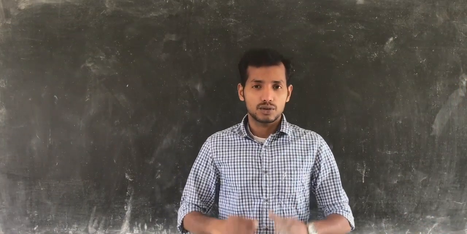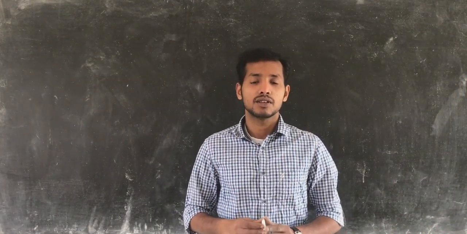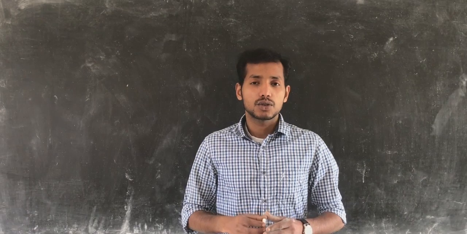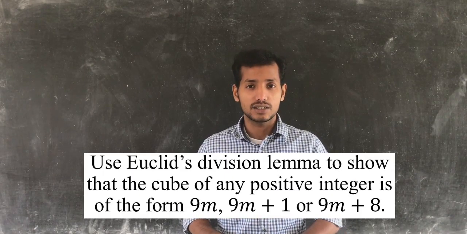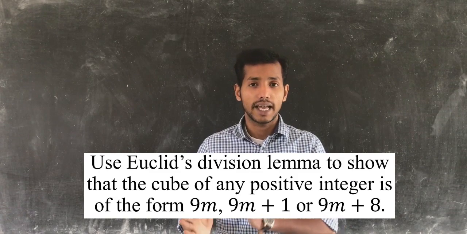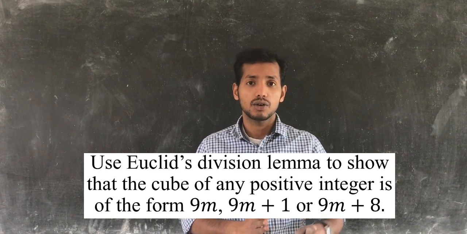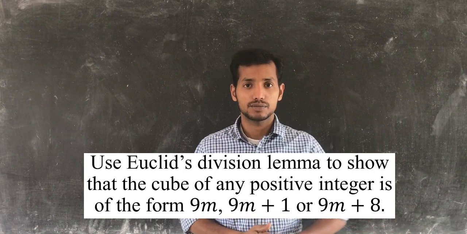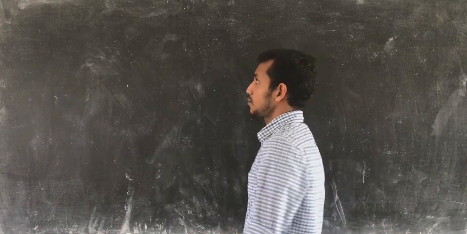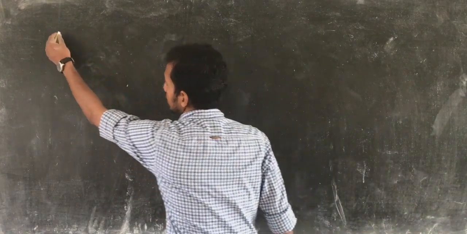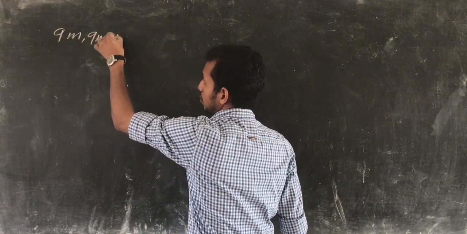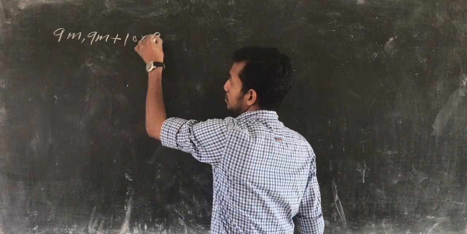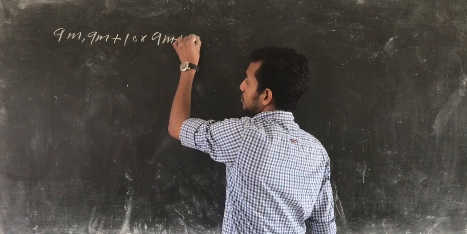Exercise 1.1, question number 5. Use Euclid division lemma to show that cube of any positive integer is of the form 9m or 9m plus 1 or 9m plus 8. So here we need to prove in the form 9m or 9m plus 1 or 9m plus 8.